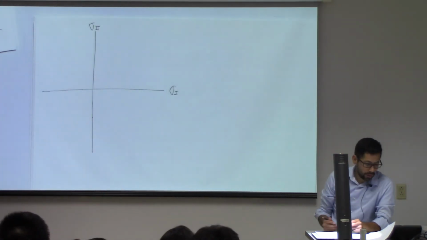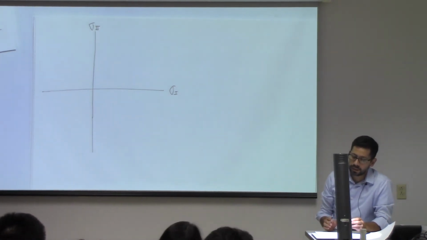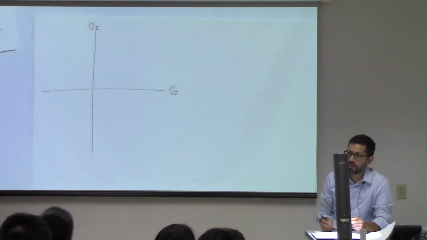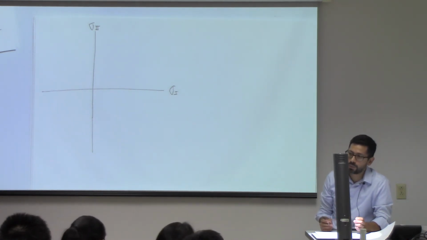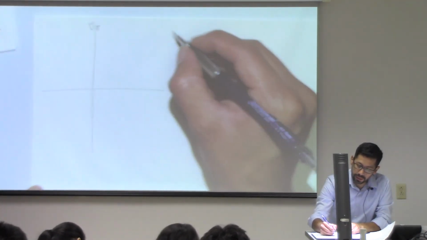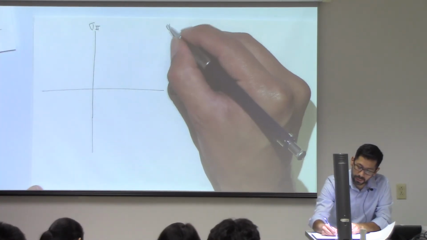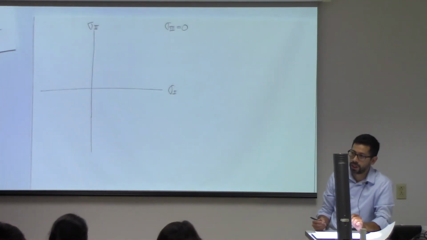What Tresca is telling me is just that the difference between those stresses is not going to be larger than the value of sigma y, right? And furthermore, in this case, I'm going to have sigma 3 equal to 0.